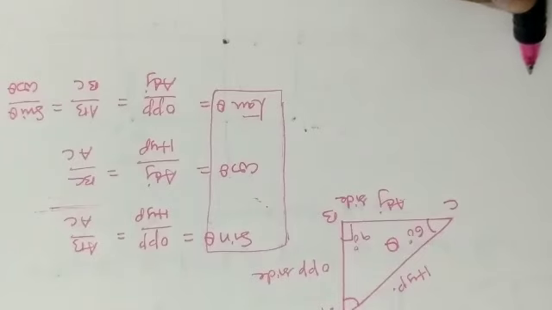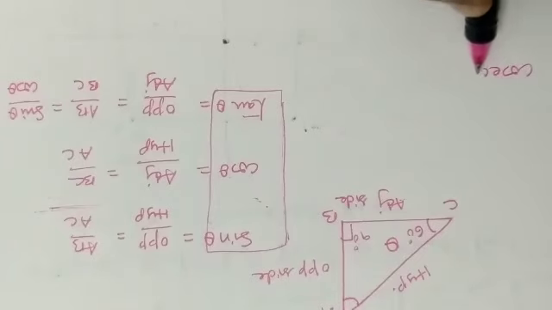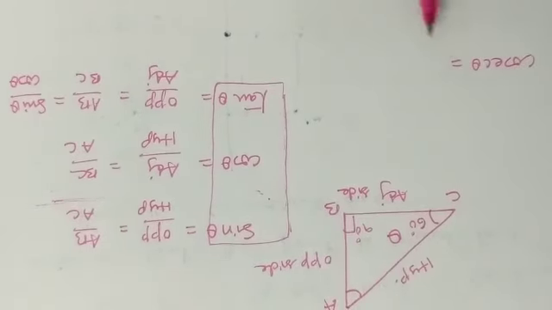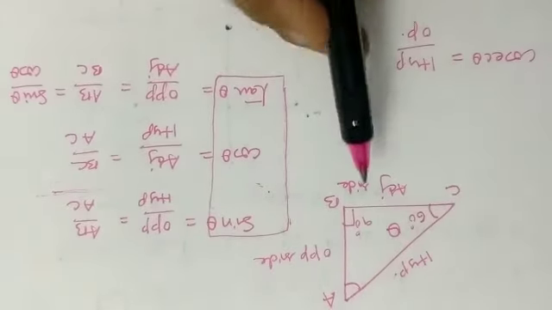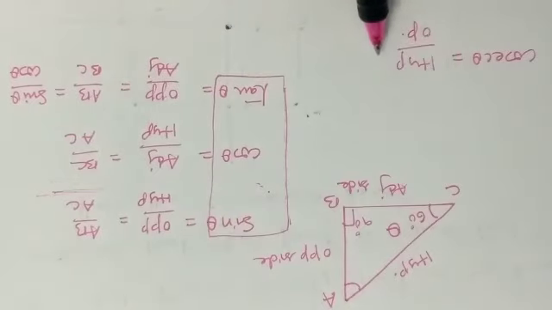Cosecant theta: what is cosecant theta? Defined as hypotenuse by opposite. What is the hypotenuse? Hypotenuse is AC. So AC by opposite. What is the opposite side? AB.